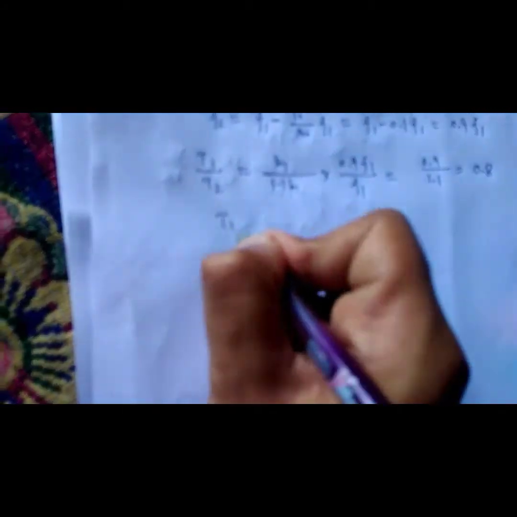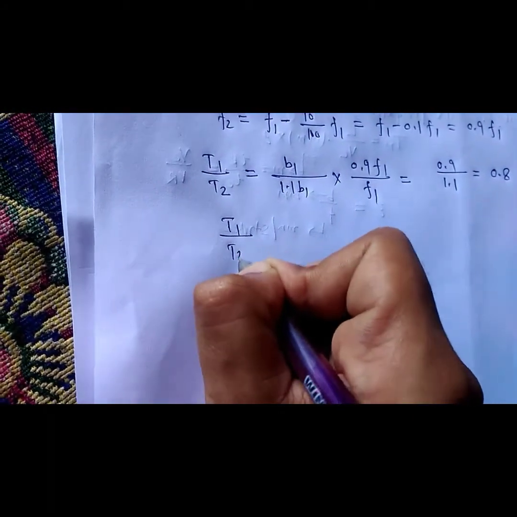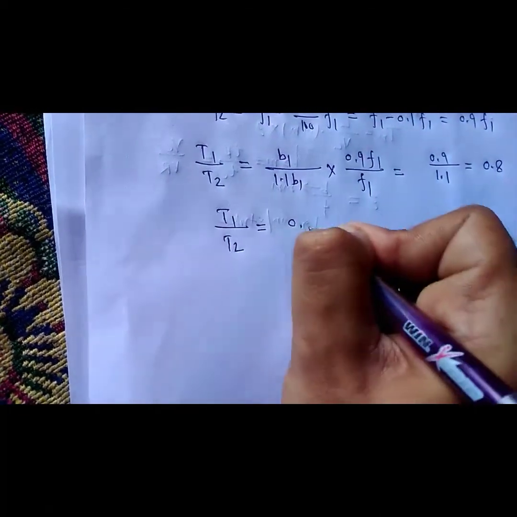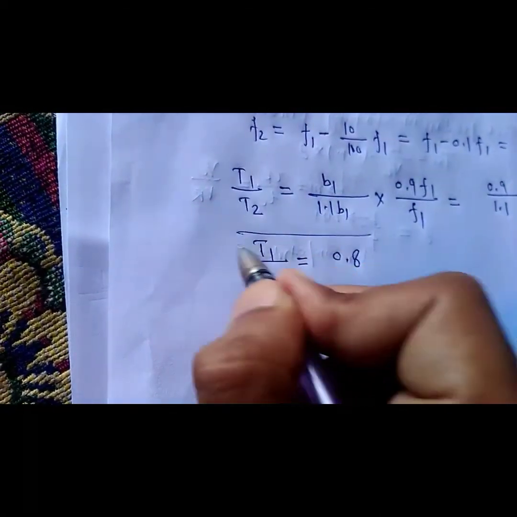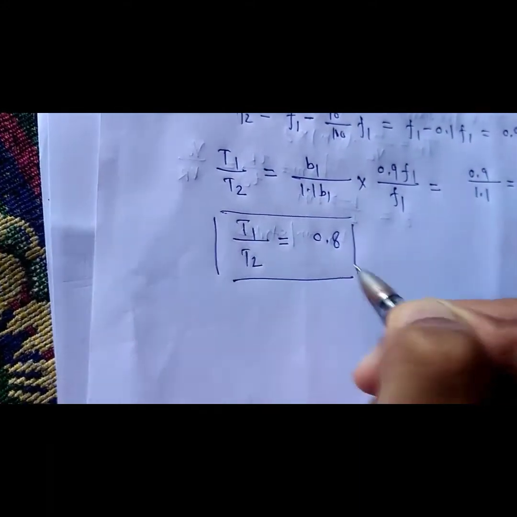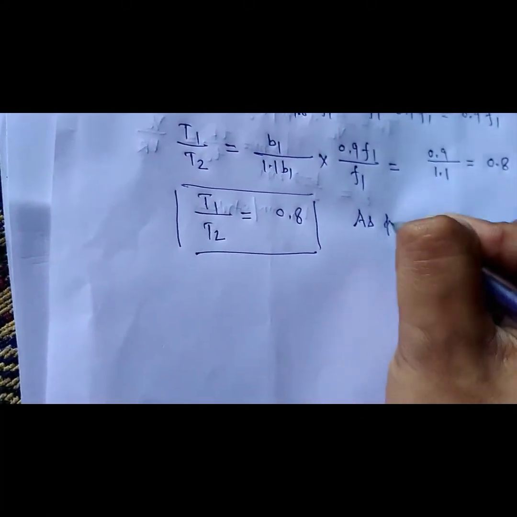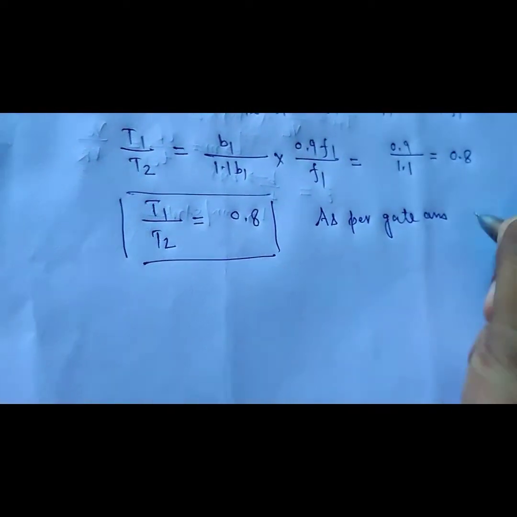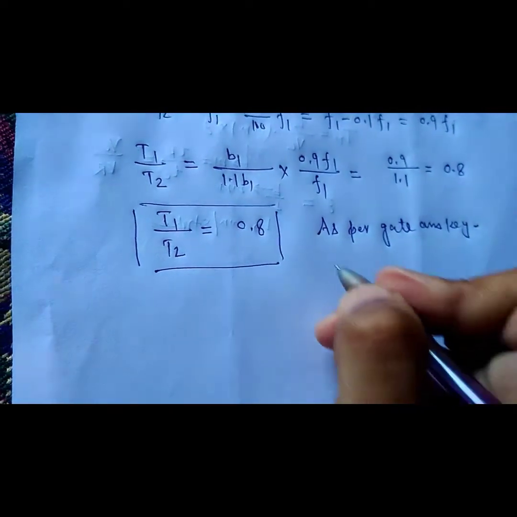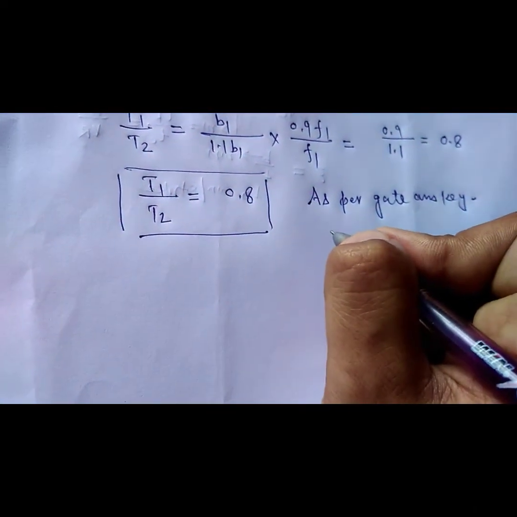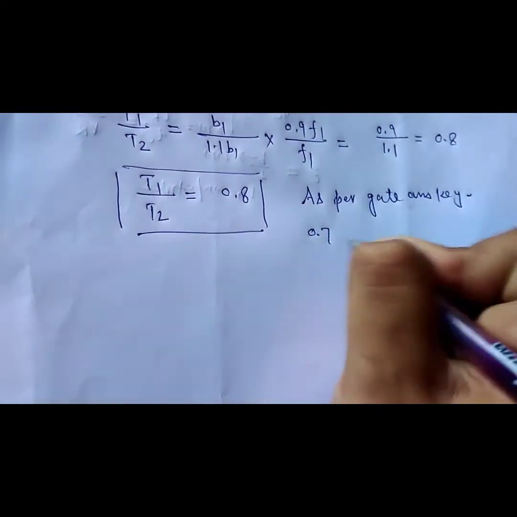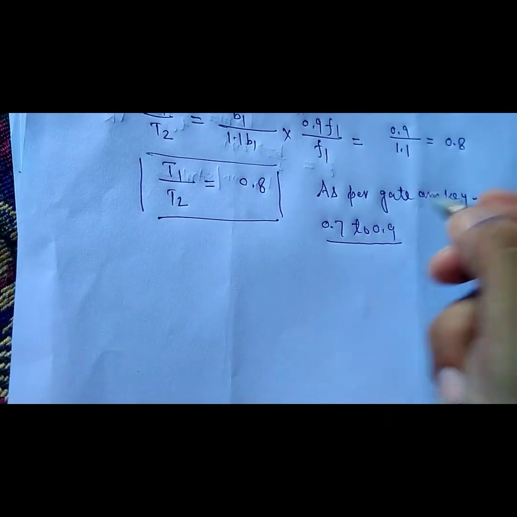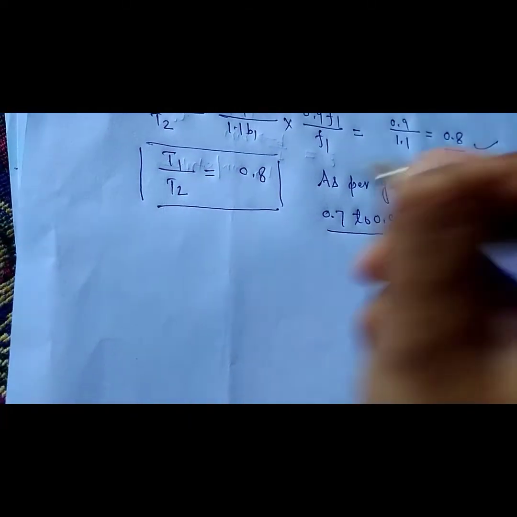So the ratio of time per pass in S1 and S2 will be equal to 0.8. This is our answer, and as per the GATE answer key, the answer of this question was given as 0.7 to 0.9. So our answer is a correct answer.